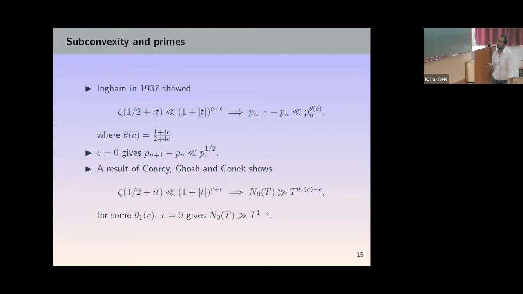Indeed, if you take c to be 0, which corresponds to the Lindelöf bound, then according to this result you can show that N_0(T) is bounded below by T to the power 1 minus epsilon. And note that we expect all the zeros to be simple. So this result won't give you the exact size, but it is very near.